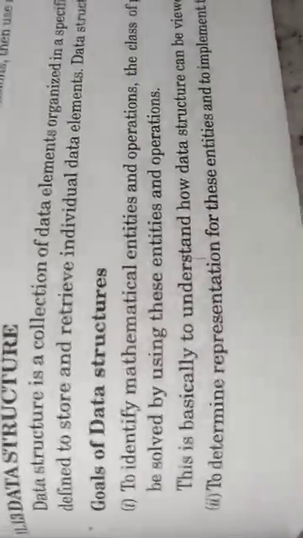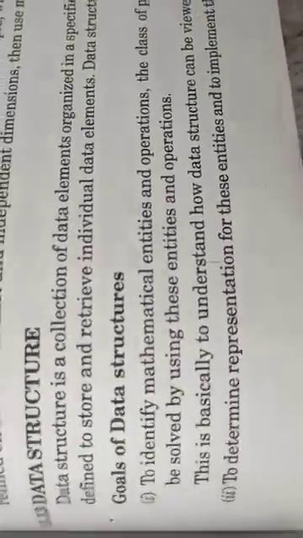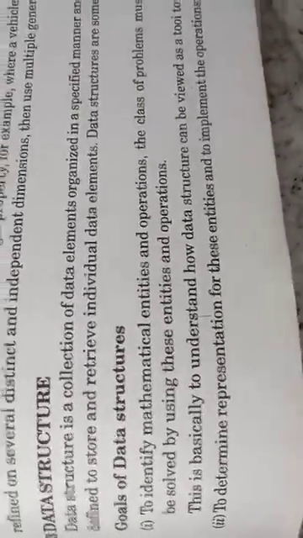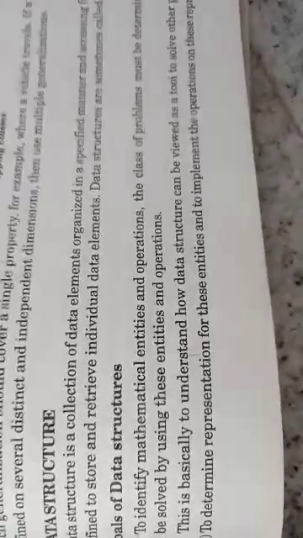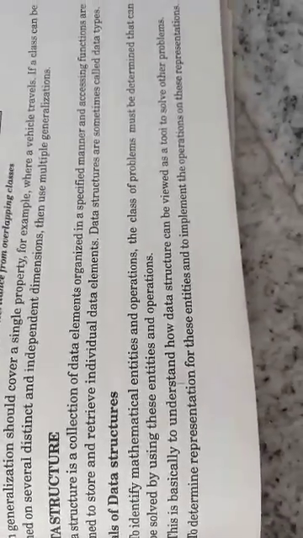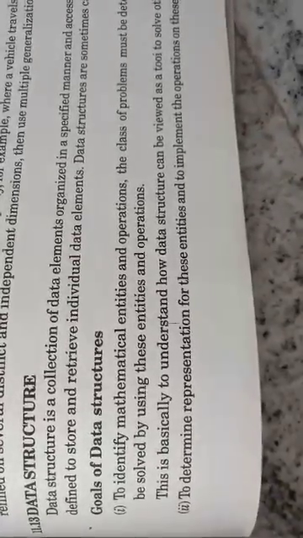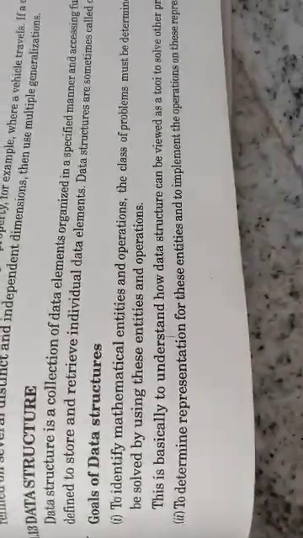Now let's get started. Data structure. Data structure is a collection of data elements organized in a specified manner, and accessing functions are defined to store and retrieve individual data elements. Data structures are sometimes called data types.